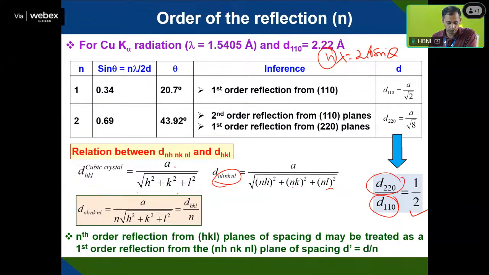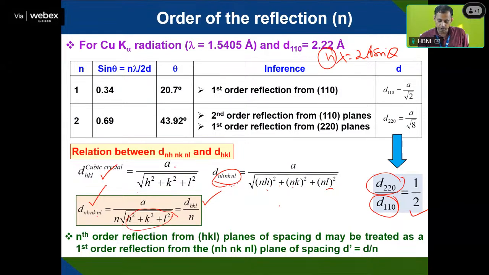So you can take n out of the square root, in all cases, and the remainder is nothing but your dhkl, so that means dhkl divided by n. So the nth order reflection of the hkl plane is equivalent to the first order reflection of a plane of spacing d by n.